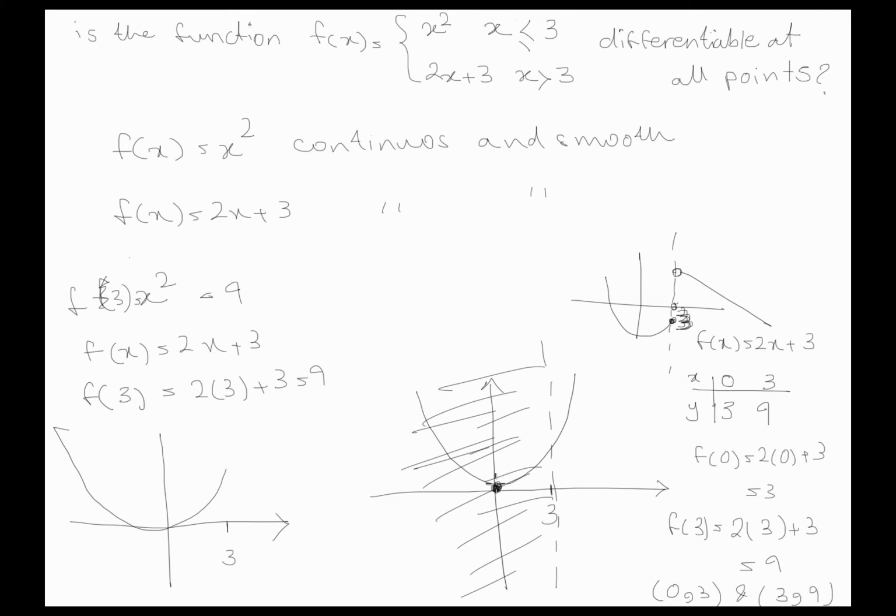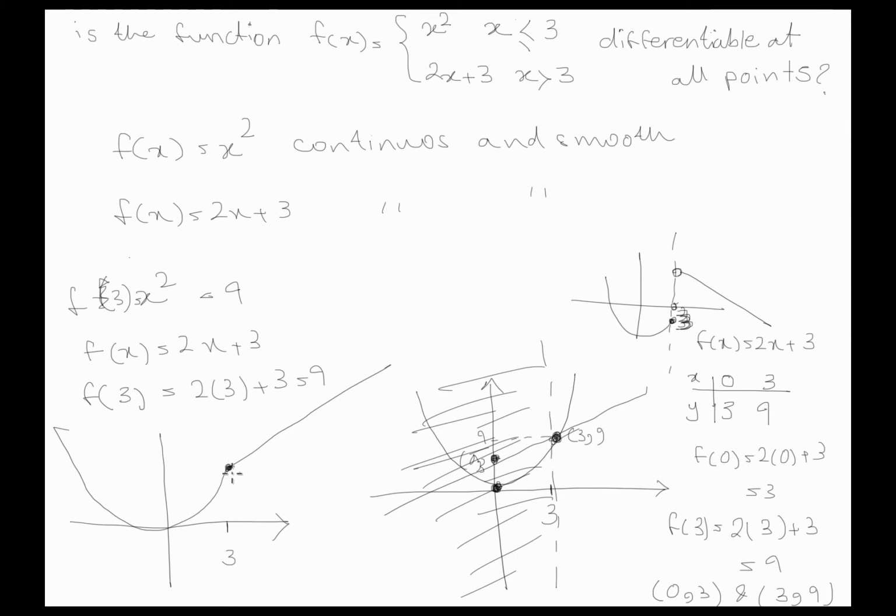I'm at (0, 3), so that's one point, and the other point is (3, 9). Now we just join the two points. This line is only going to come into play after x is equal to 3, so this is the only thing that you're going to see. If I draw it here, it's going to look like that.